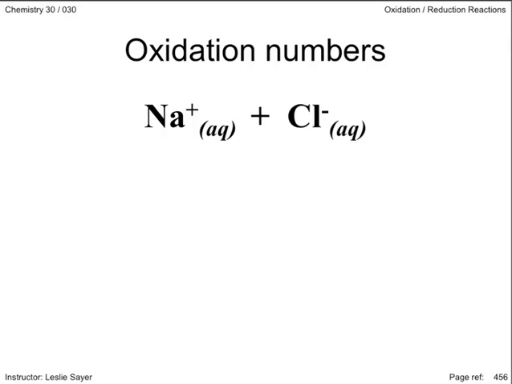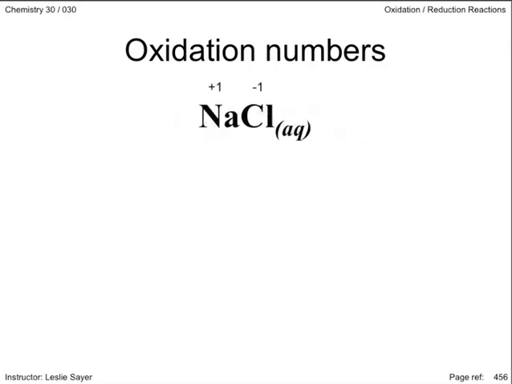Chlorine now has one more electron than it does protons, and so it has a charge of negative 1. The oxidation number for the sodium atom is positive 1, the same as the ion charge, and the chlorine atom is negative 1. For this compound, its neutral charge can be easily referenced by the sum of its oxidation numbers. Positive 1 plus negative 1 equals 0, the net charge.